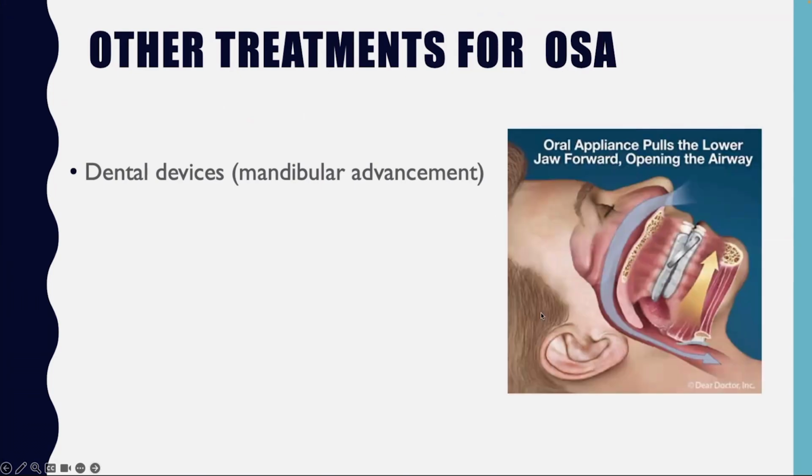They're worn at night, and they advance your mandible and open up your airway and help you breathe at night. So essentially, they advance your mandible and stent open your airway. And these are generally suitable for patients with mild to moderate sleep apnea, although recent evidence has shown that these also work pretty well in patients with severe sleep apnea.